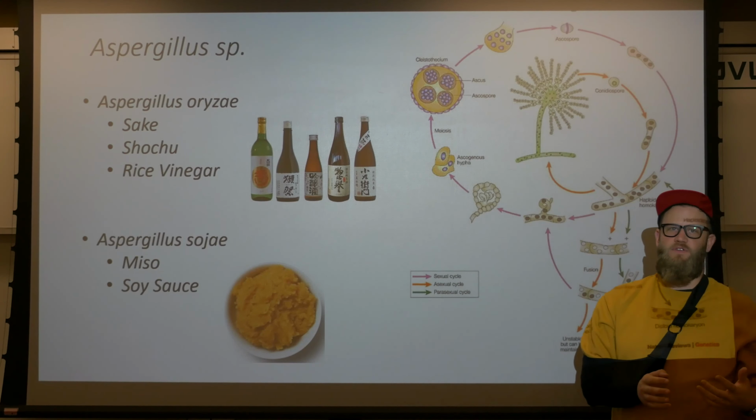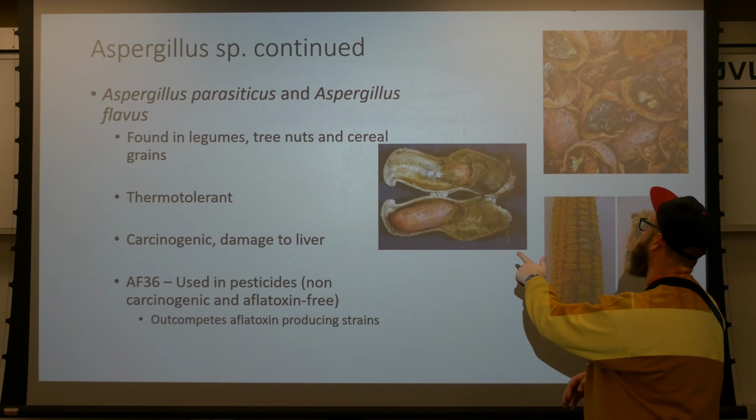Something else that happens in Aspergillus, from a food science perspective, is these are found in legumes, tree nuts, and cereal grains. They're thermotolerant, meaning they're not killed when other fungi are killed, and they can be carcinogenic, they can damage the liver, they can make you very sick. And they're found, like I said, in peanut cultivation.